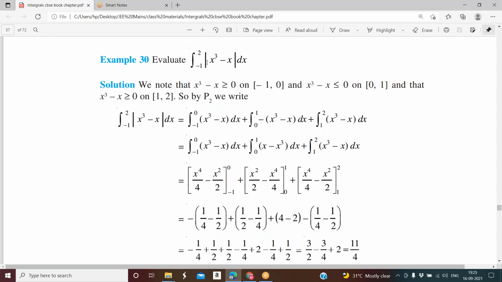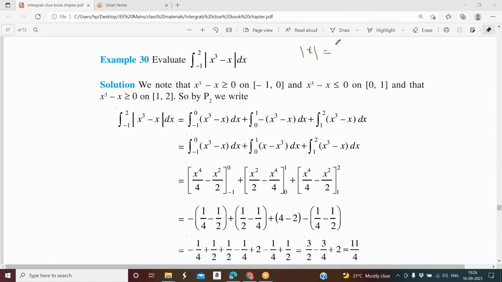Now see the integrand. What is the integrand? f of x is the absolute value of x cube minus x. Absolute value means you have to check when the given function takes positive values in the given range. What's the definition of modulus x that you know?